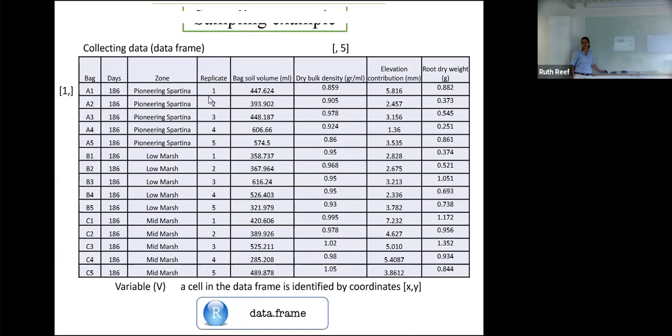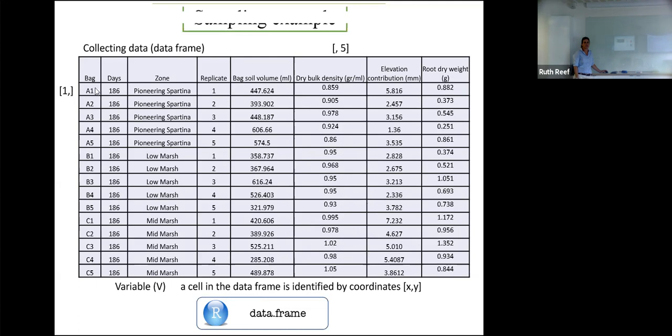So here we have some ordinal replicate number. Oh, actually, it's just a name, nominal. And here we have a variable that is a real number, so this is a continuous variable. The soil volume, the bulk density of the soil again is a real number, so a continuous variable. Elevation is continuous, root dry rate as well.